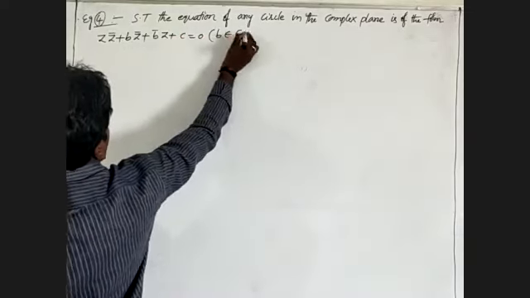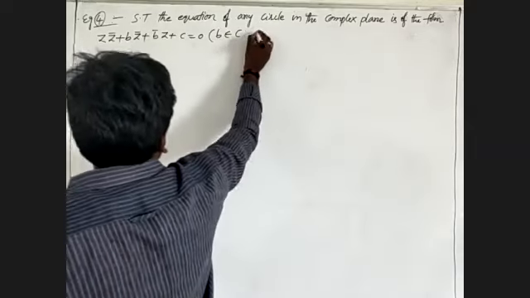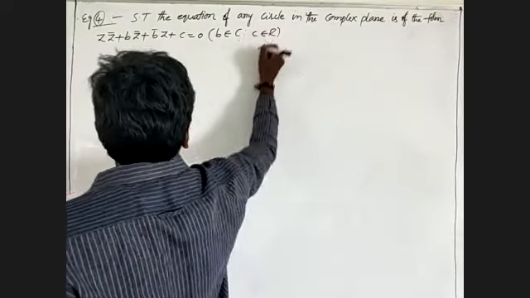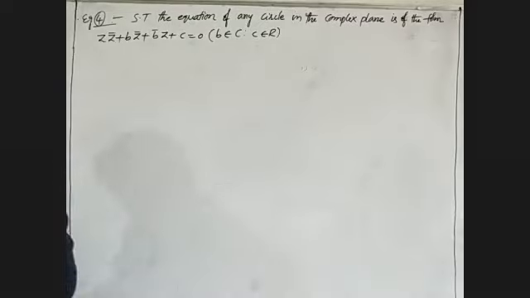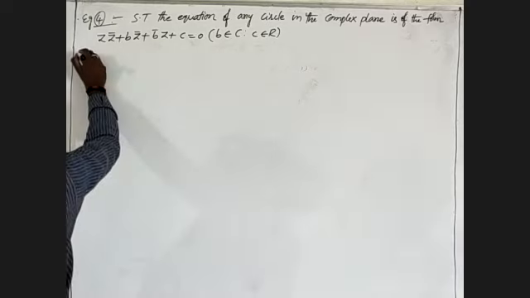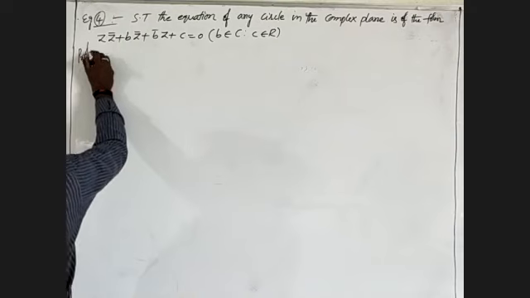Here b belongs to the complex numbers, and c belongs to the real numbers. This is most important for 4 marks.